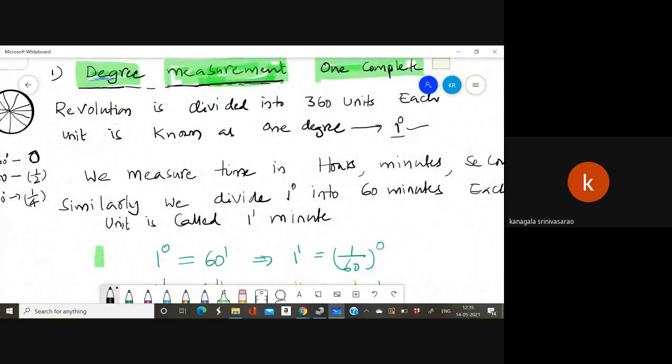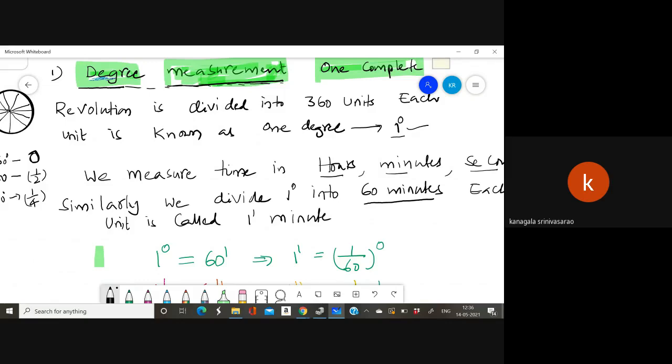We measure time in hours, minutes, and seconds, like 5 hours, 20 minutes, and 15 seconds. This is the usual system we use to measure time. In the same way, we divide 1 degree into 60 parts, and each part is known as 1 minute.